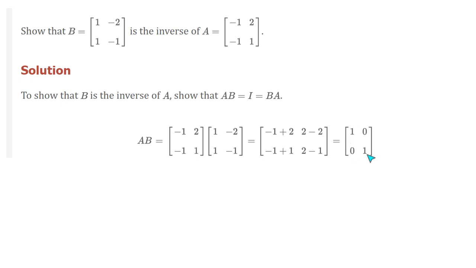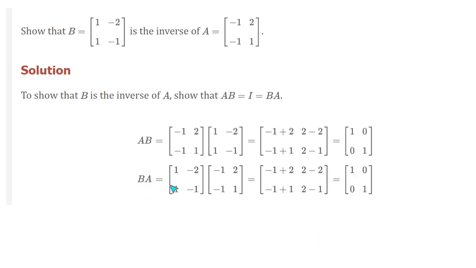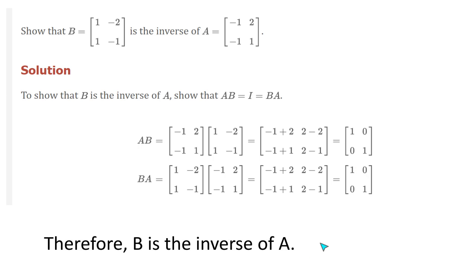That gives us the identity matrix, but it's not good enough until we multiply B times A as well. If we do the same process, we also get the identity. Since they both give us the identity, we can say that A and B are inverses of each other.